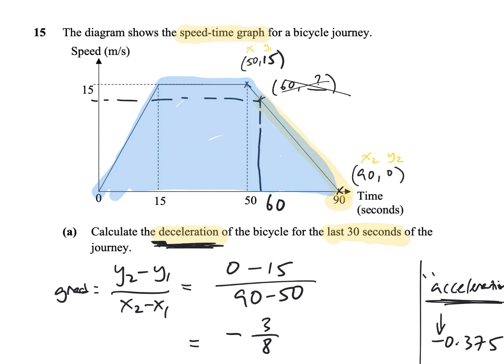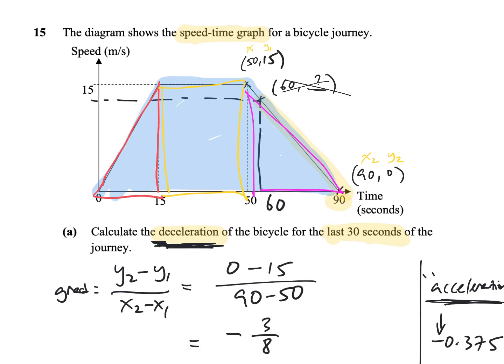Okay, and how do we do it? Let's split it into sections. For the first section, let's do this part. And then the second section, we shall do this centerpiece. And then for the third section, we shall do this part.